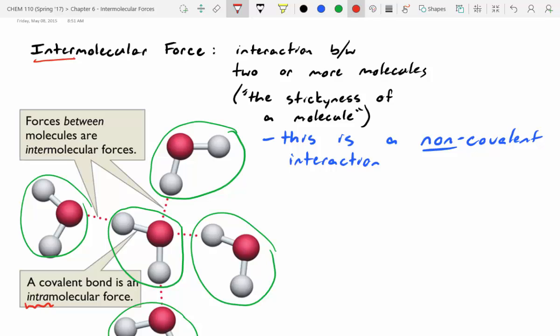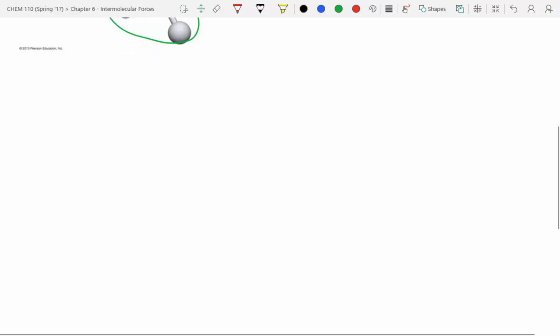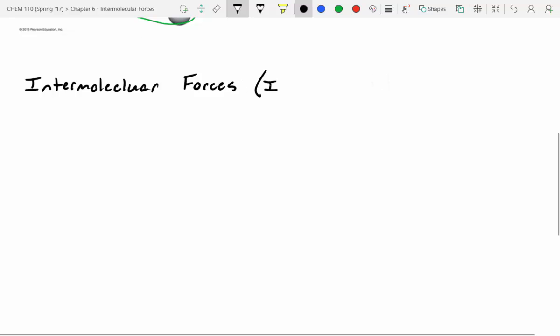All right, so let's talk about these non-covalent interactions in a little bit more detail. I call these IMFs. Not the International Monetary Fund, but an intermolecular force.